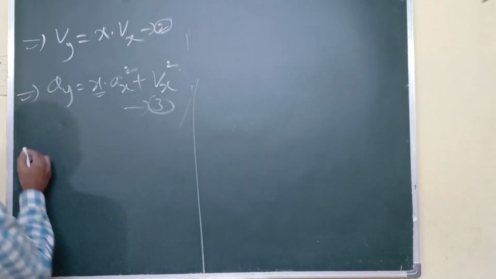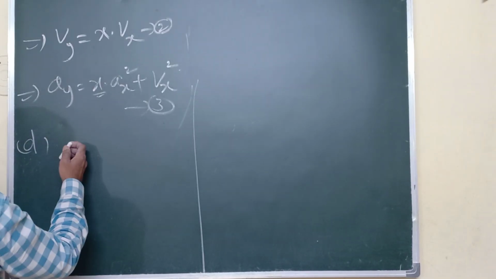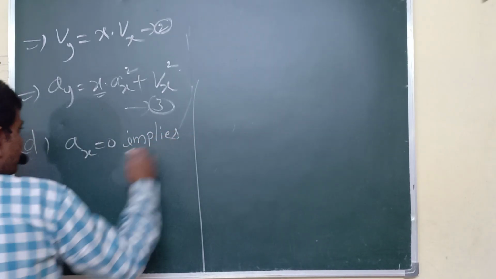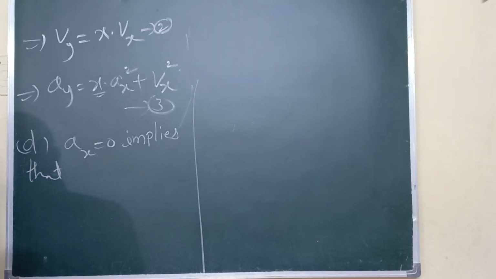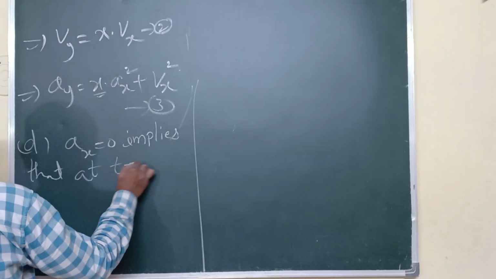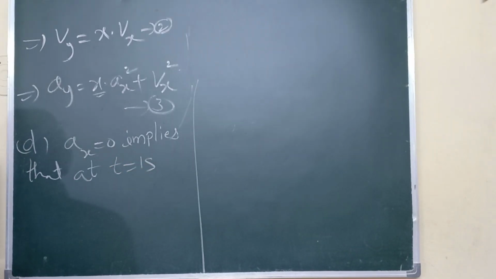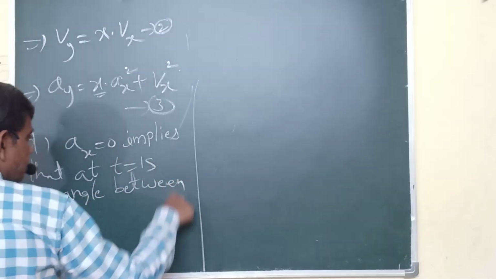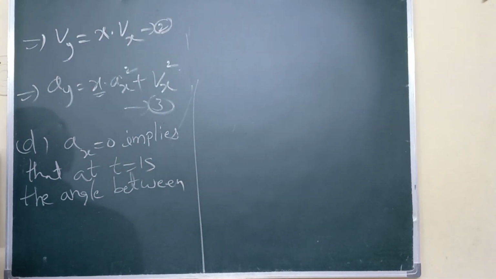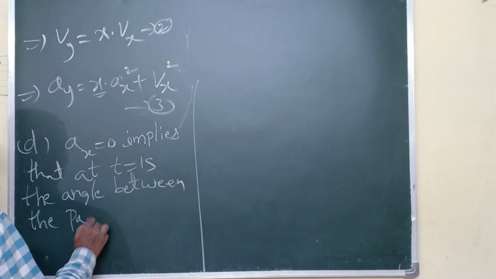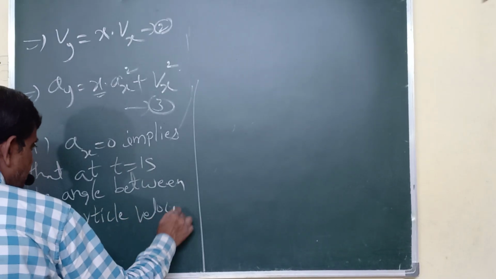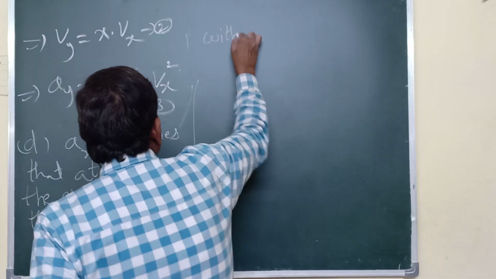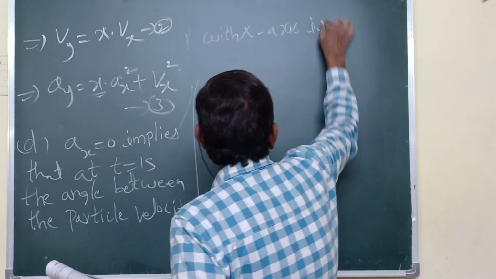Next, the d bit. What is the d bit? Ax equal to 0 implies that at t equal to 1 second, the angle between the particle velocity and the x-axis is 45 degrees.